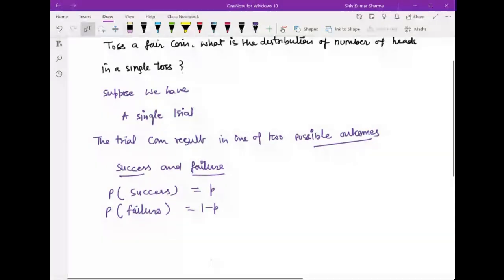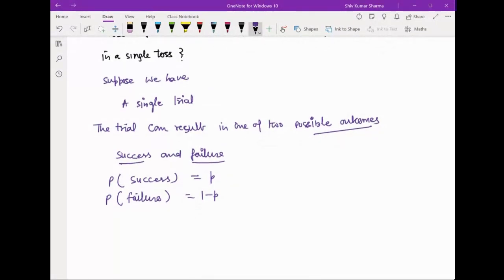So you can write the random variable X as 1 if a success occurs, where 1 means getting a success, getting a head. And X is equal to 0 if a failure occurs.